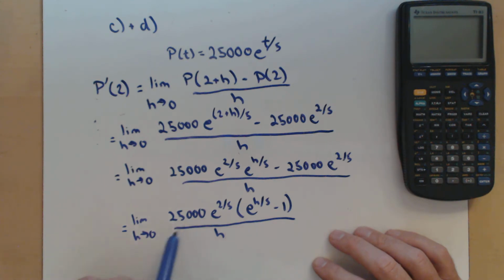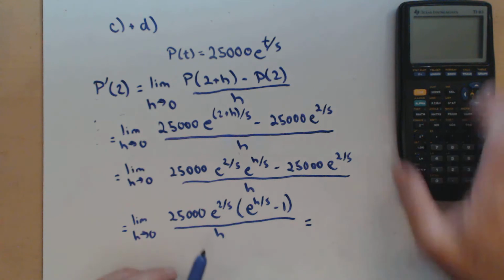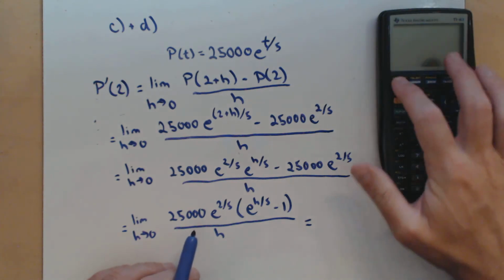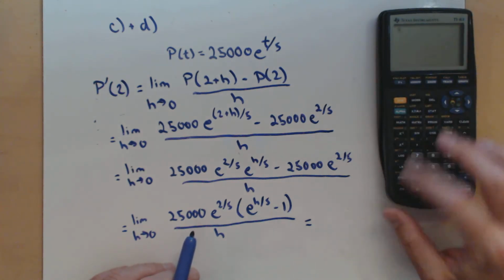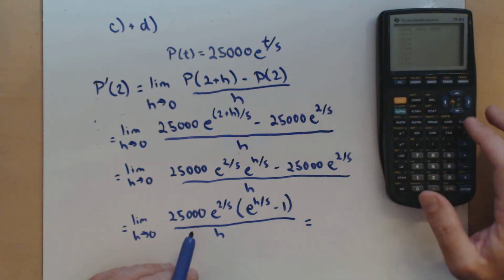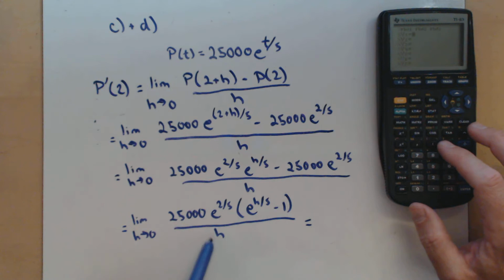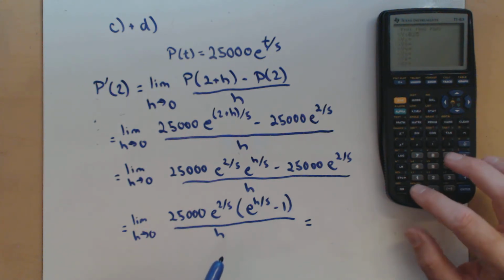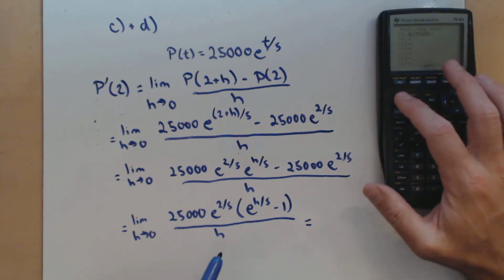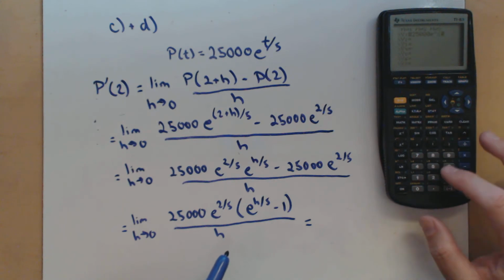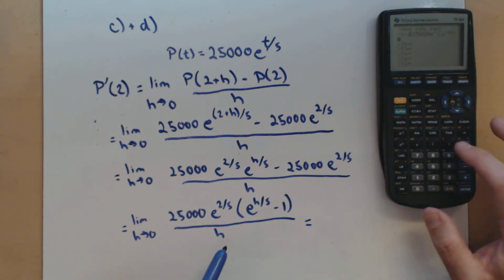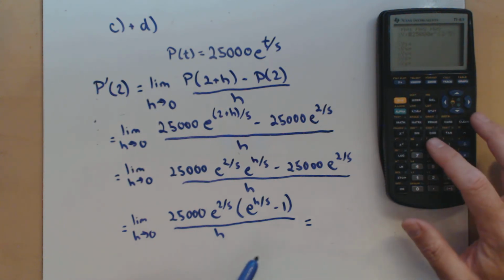So we're not going to be able to calculate this limit by hand, but we can use our calculator to help us out, because what we're going to do is enter this and then use smaller and smaller values of h to see what we get. So under our y equals, I'm going to enter this, and I do need to separate the numerator from the denominator. 25,000 e to the 2/5 can go out front because it's just a constant being multiplied by this.